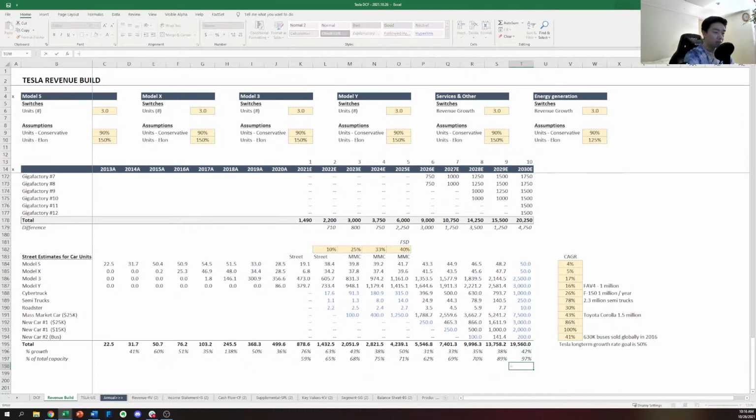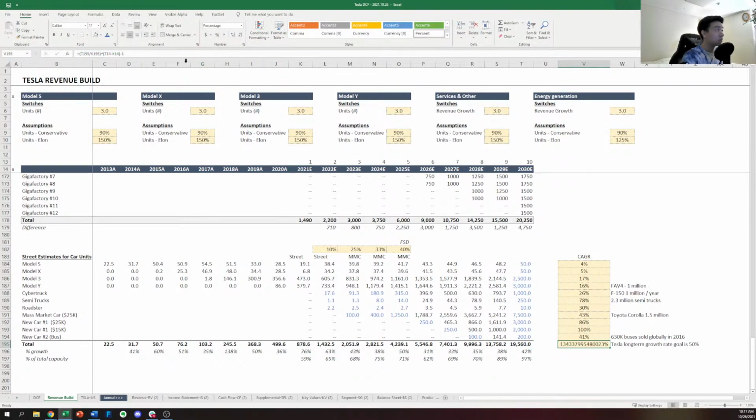Okay, so let's see what their CAGR is based on these calculations. This is 10, I think it's 10 years. Oh crap, I did something wrong.